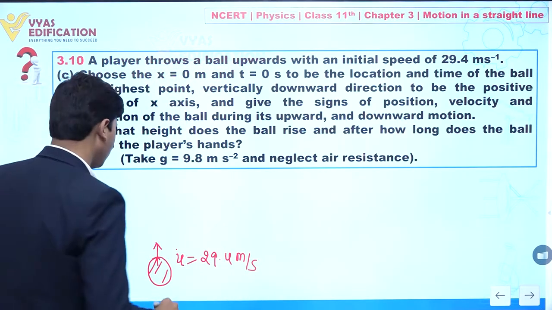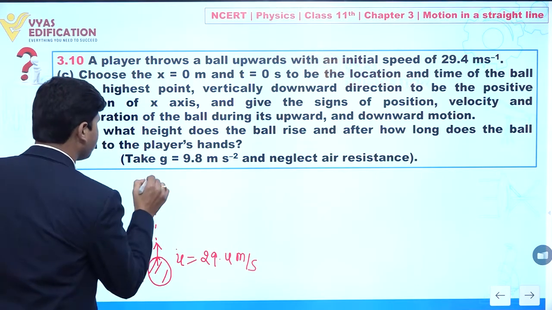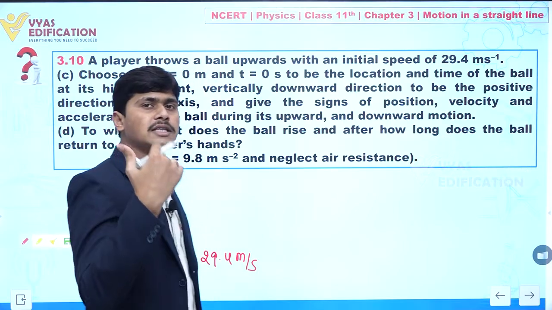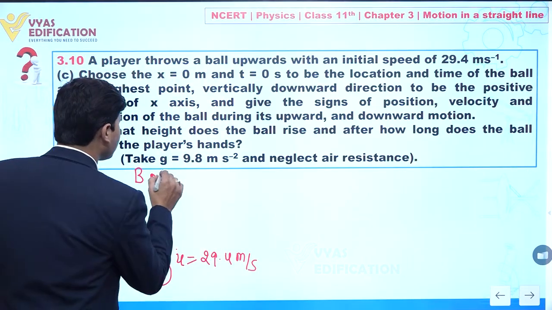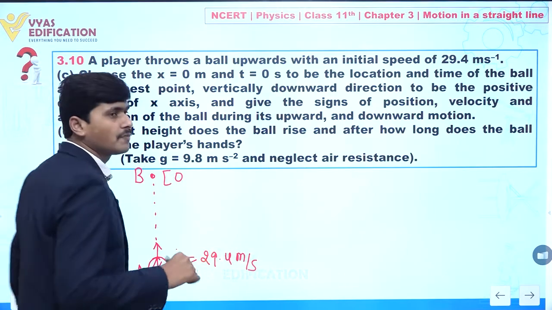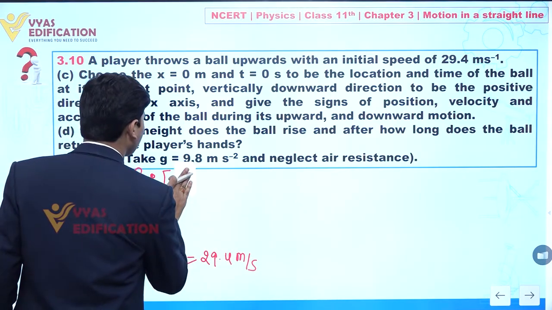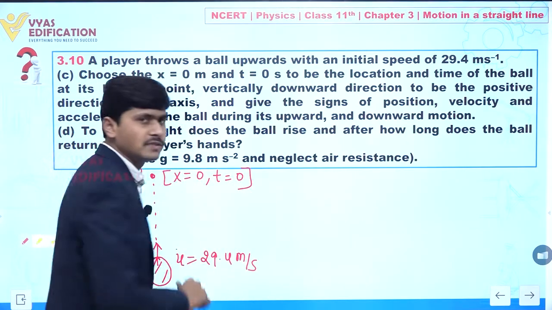Let's suppose this ball reaches point B, the maximum height that it can travel. Let's suppose we take this point as our origin, or our reference. It is given here, you have to take x equal to 0 and t equal to 0.